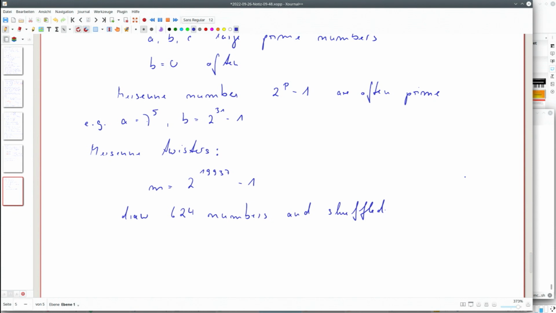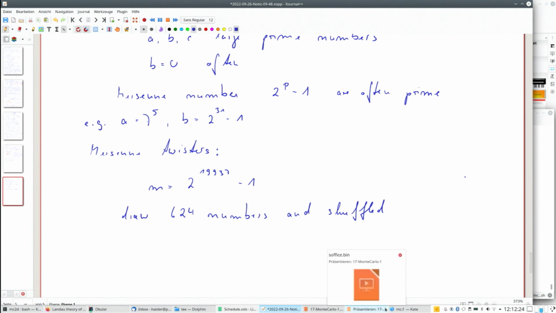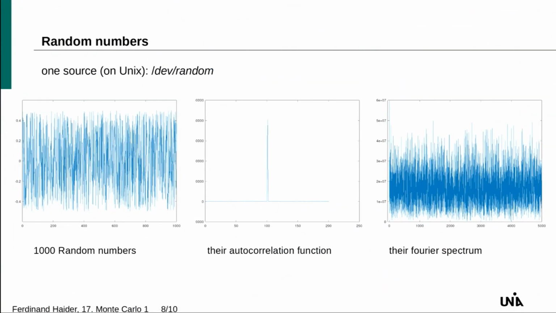So, as Guru said, it's very important to check the properties of a random number generator if you are not convinced that it is a good one. Here I showed how one could check.